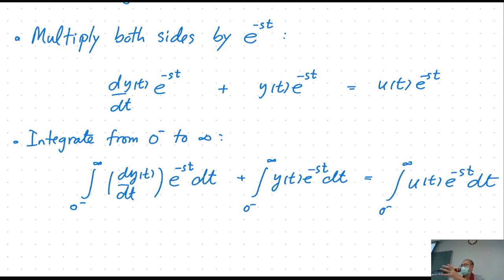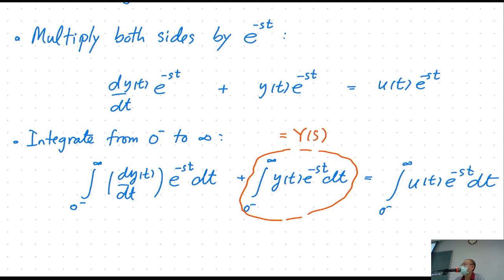Now let's look at each term. Let's start with this one. This one's the easiest. This is the exact definition of the Laplace transform of y, so if you take the integration, we see that this is just Y(s).